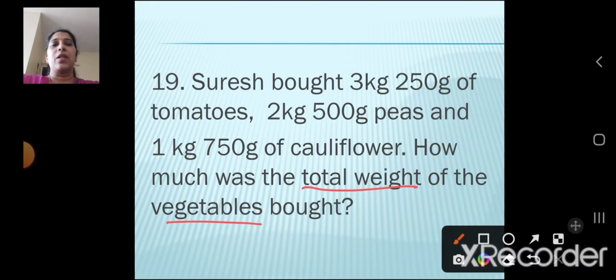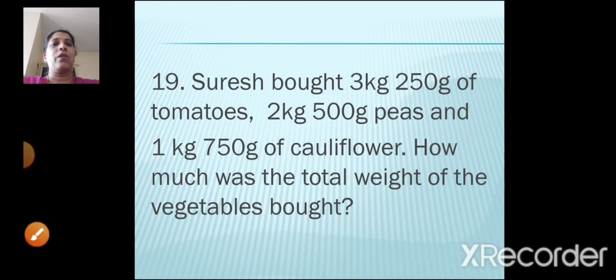So what is given in the word problem? Suresh, he bought 3 types of vegetables. First he brought tomatoes and the weight was 3 kg 250 gram. Second he brought peas, the weight was 2 kg 500 gram. And third thing he brought 1 kg 750 gram of cauliflower. So we are going to add all these 3.